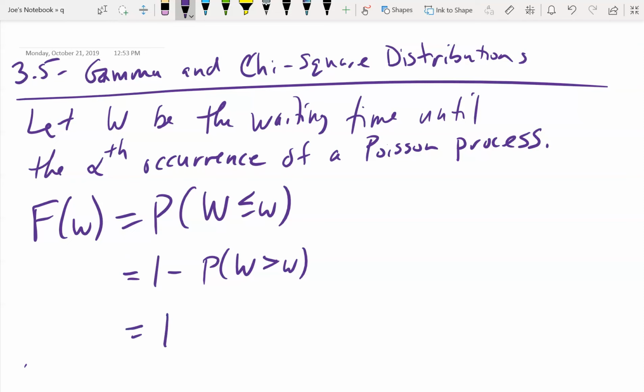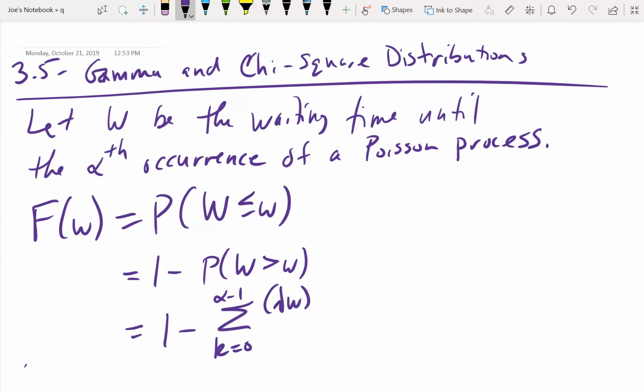So this would look like 1 minus the sum from k equals 0 to alpha minus 1 of our Poisson idea. If I have lambda per unit time, remember again, we can take lambda times the time interval to give us the new mean for that time interval. So it would look like lambda times w.